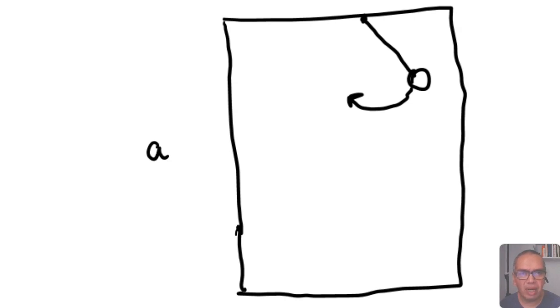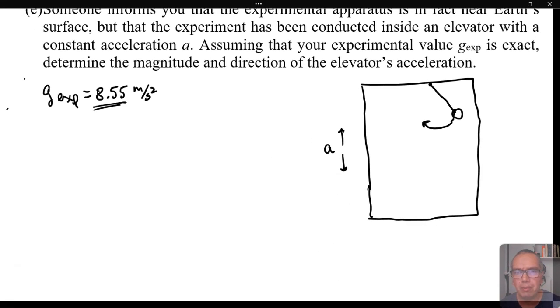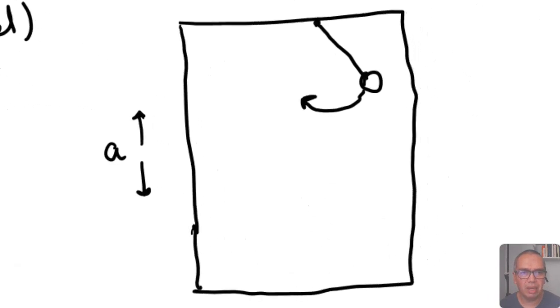We're not sure now whether it's up or down, but what we are saying is, consider that for the pendulum, the acceleration is 8.55 meters per second squared. We can call this an apparent acceleration. And this apparent acceleration is due to the fact that the elevator is itself accelerating.